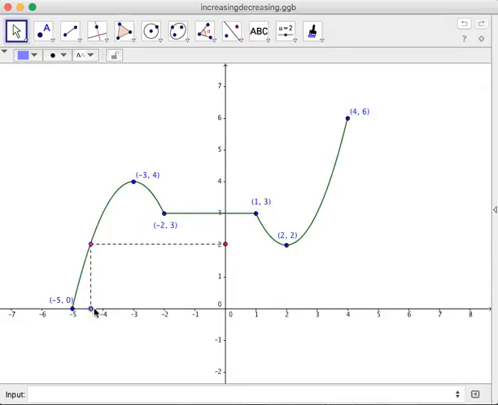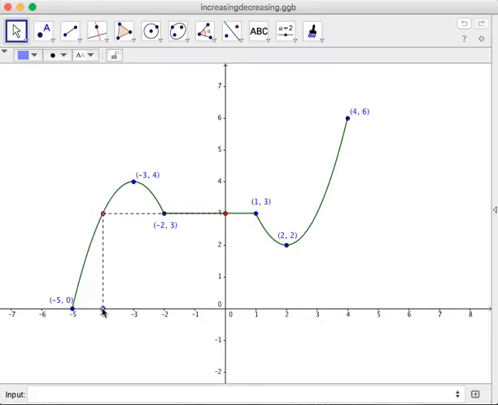So the graphical meaning is that here, this is a point on the function. This is our function, and this blue point is its x coordinate, and the red point is its y coordinate. So for example, here my x coordinate is negative 4 and my y is 3.